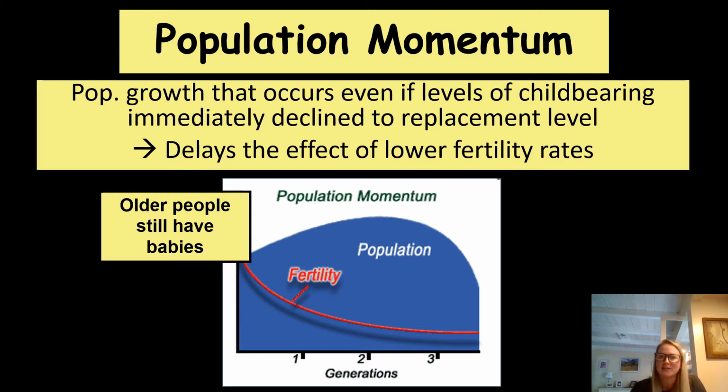And that is because there are a lot of women at childbearing age, and they're going to continue to have babies until they can no longer. So for example, in China, we all know they instituted a one-child policy in 1979. So that's a very strict limit on fertility, but you still saw the size of China growing. And that is because there was such a large population of childbearing women that added to the population before it started slowing down.